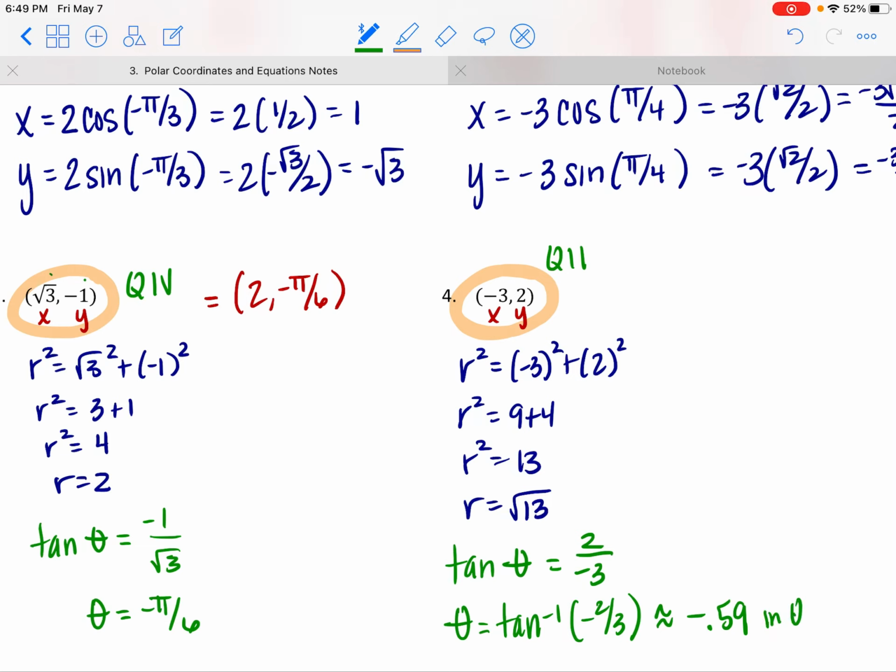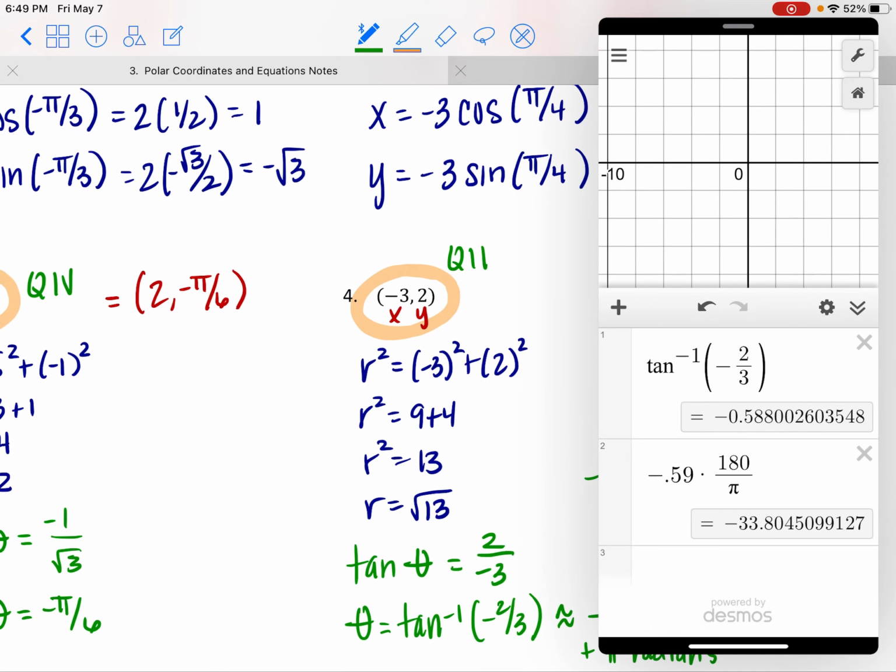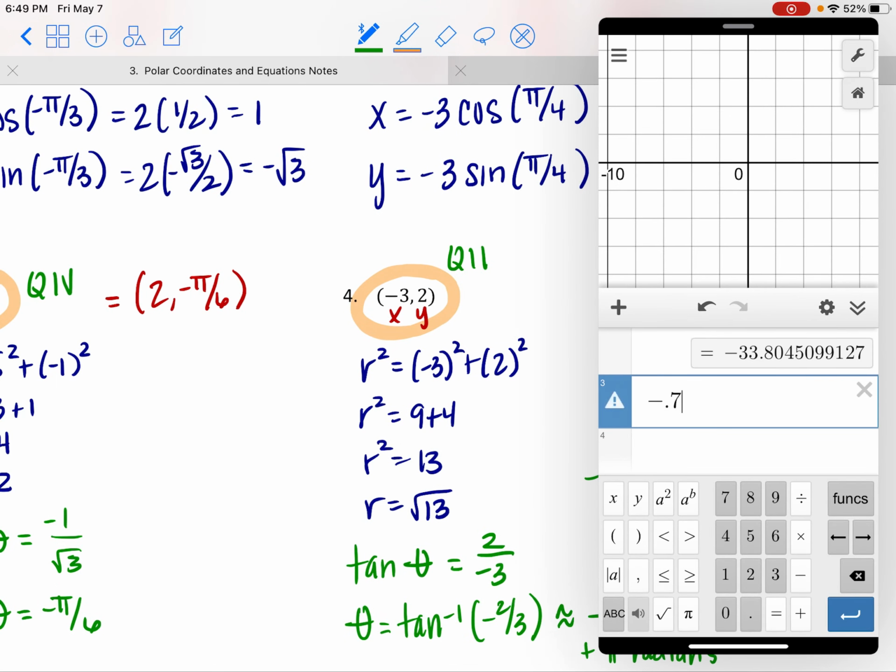That's in quadrant 4. So we have to add pi radians to get to quadrant 2. So negative 0.59 plus pi radians is about, oh my gosh, fat fingers, not times, plus, what am I doing?